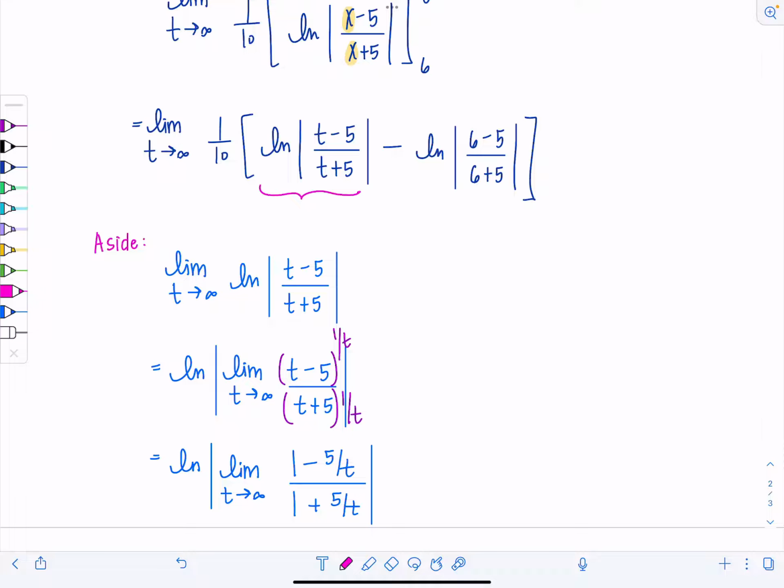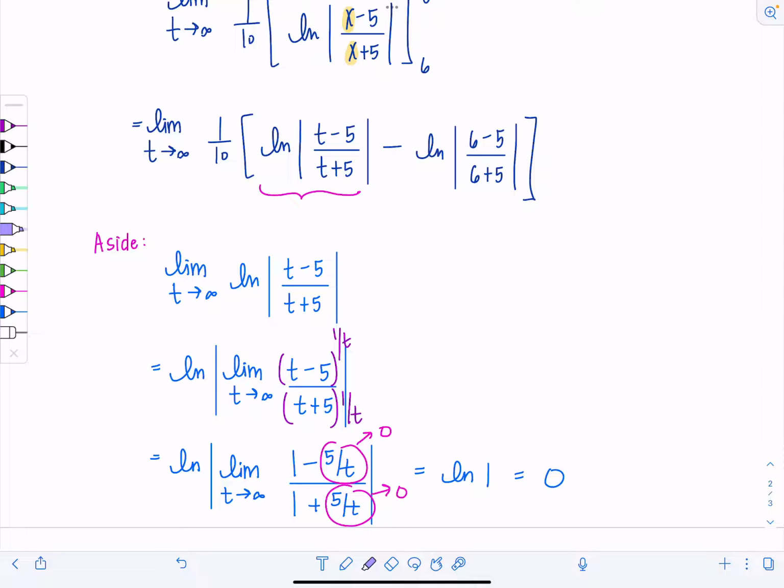And then as t goes to infinity, 5 over t will go to 0, and you're just left with 1. So then we have natural log of 1, which is just 0. Okay, that's the super precise way to do it.